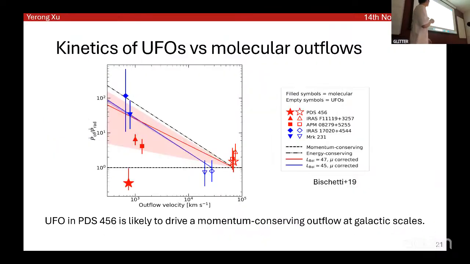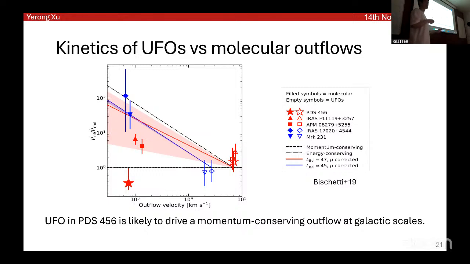So we could compare the outflow kinetic energy. In this diagram, the y-axis is the momentum flux and the x-axis is the outflow velocity. The outflows detected in PDS 456 are marked by these solid and hollow red stars.